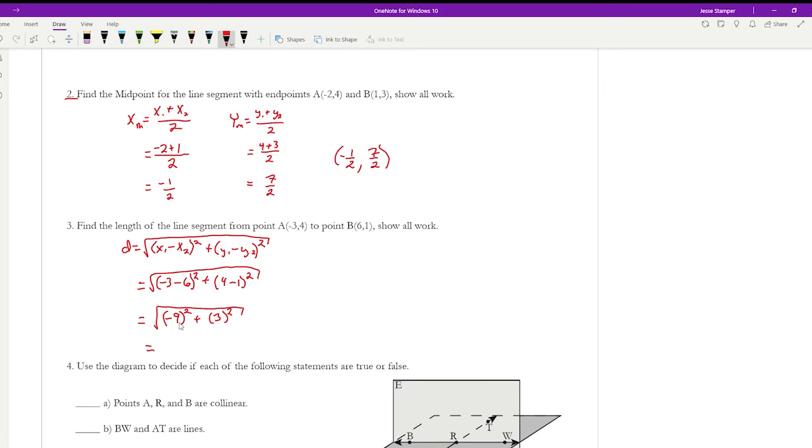Now, negative 9, remember that if you have a negative number and you raise it to an even exponent, it's always a positive answer, because negative times a negative is always positive. Well, in this case, we have a negative 9 times a negative 9. That makes it a positive answer, and 9 times 9 is 81, so we have 81.